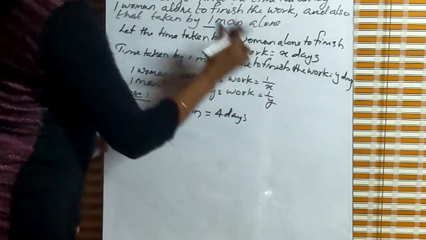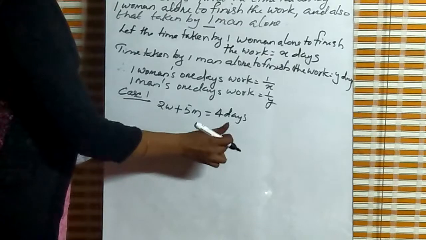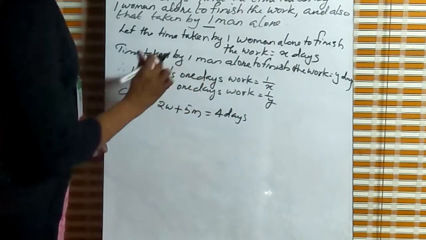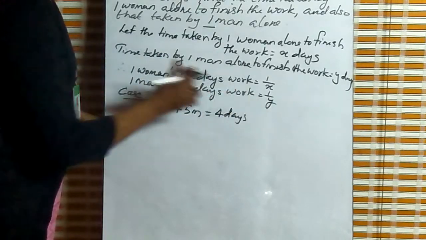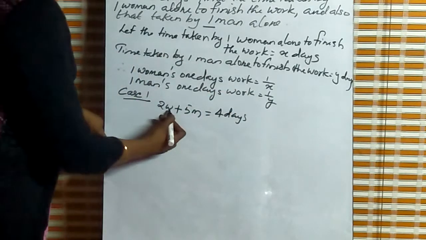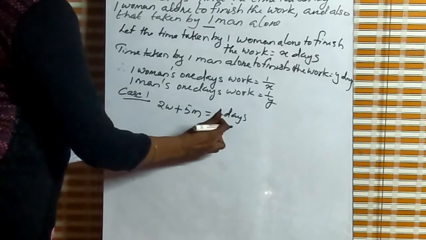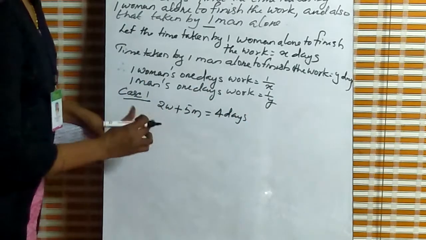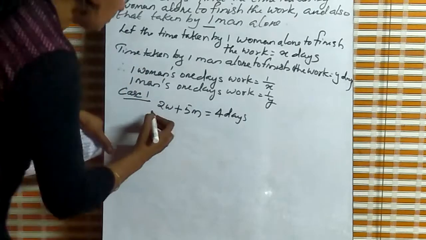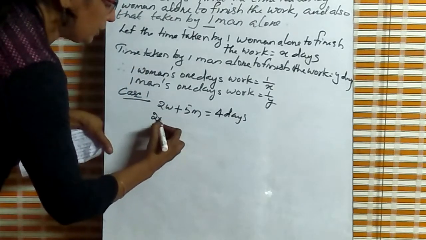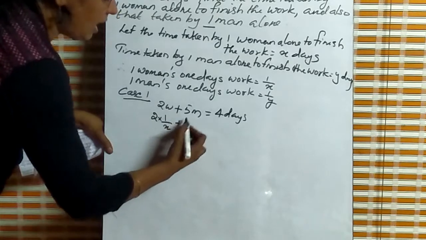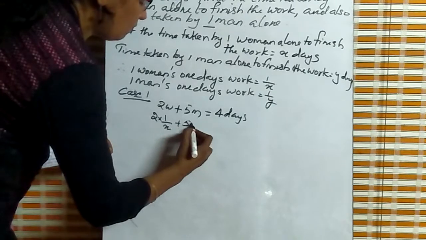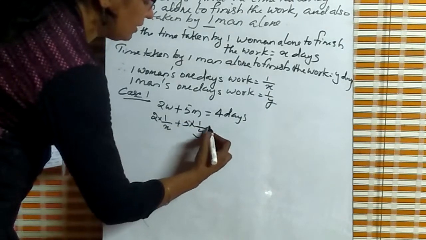Here 1 by x is 1 woman's 1 day's work and 1 by y is 1 man's 1 day's work. But 2 women plus 5 men together finish the work in 4 days. What is their 1 day's work? 2 women's 1 day's work is 2 into 1 by x and 5 men's 1 day's work is 5 into 1 by y.